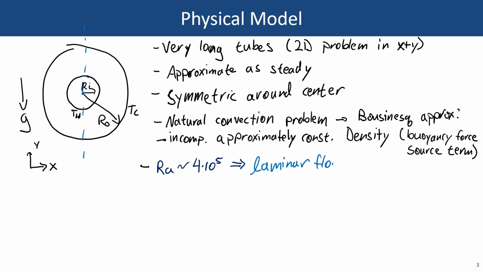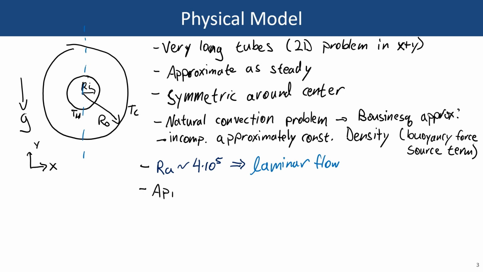At this point, we have another choice to make, which is, do we want to account for the variation of the various fluid properties through the domain with temperature? For now, we can approximate the properties as being uniform, or independent of temperature.